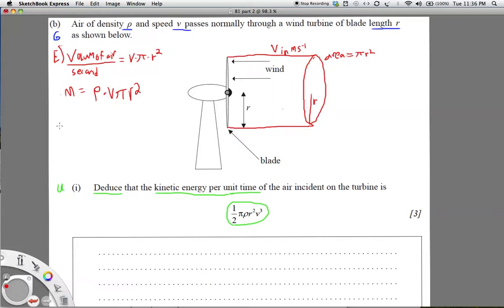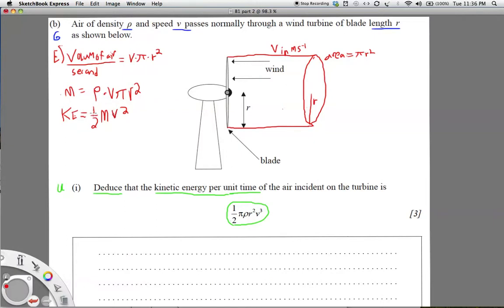Now that we have the mass, we know that kinetic energy equals 1/2 mv squared.